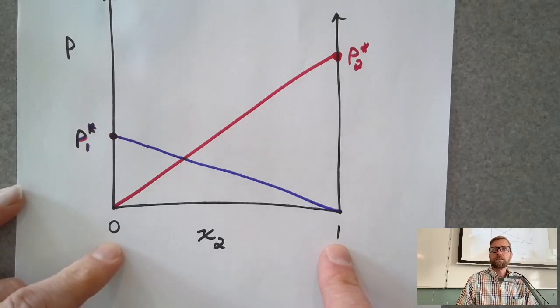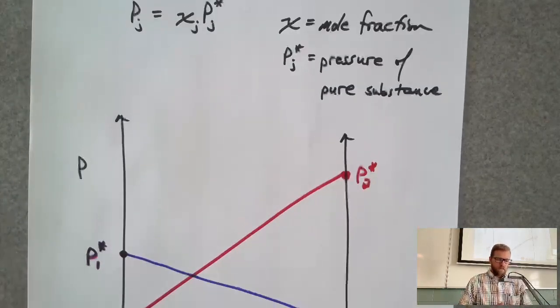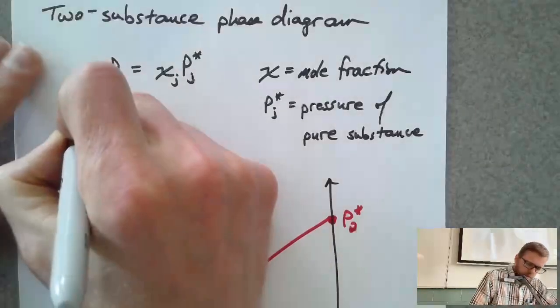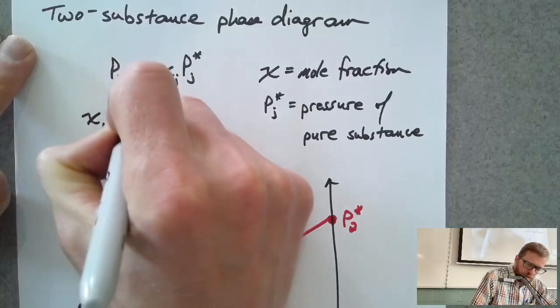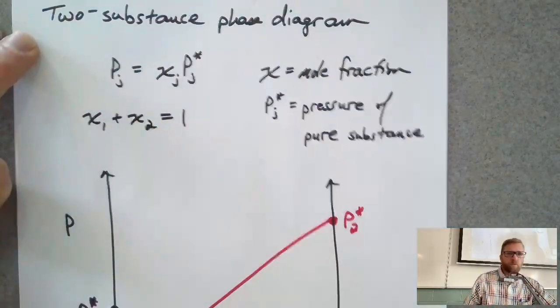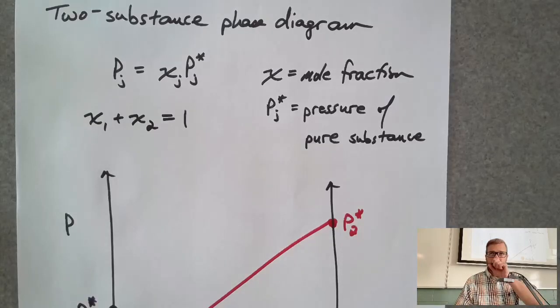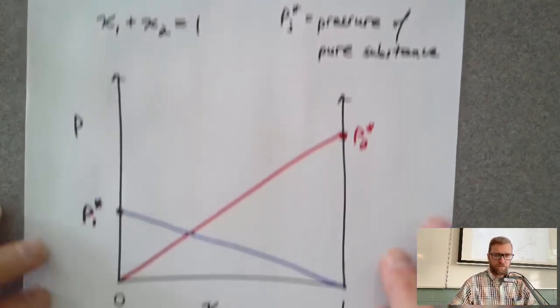Does that make sense? Kind of. Because for a two-component mixture, x1 plus x2 has to be 1, because this is mole fraction, right? The mole fraction is the moles of substance 1 divided by the total number of moles, and then the moles of substance 2 divided by the total number of moles. So that equals 1.